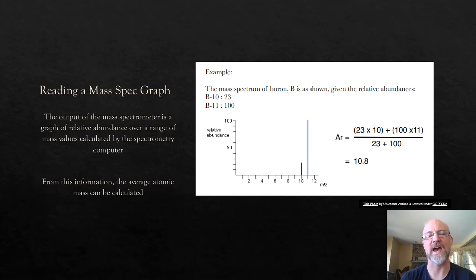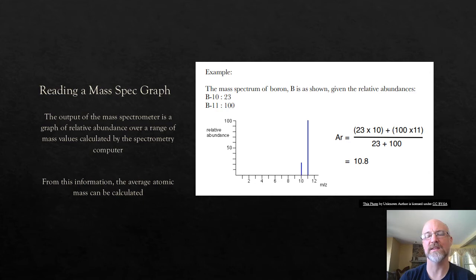And so from that, we calculate what the average atomic mass is based on the ratio and how many of each type of ratio. So for example, here we have boron, and here are 2 results from a mass spec of a sample of boron. The relative abundance of boron 10 is 23, and of boron 11 is 100. So how do we figure out the average atomic mass?